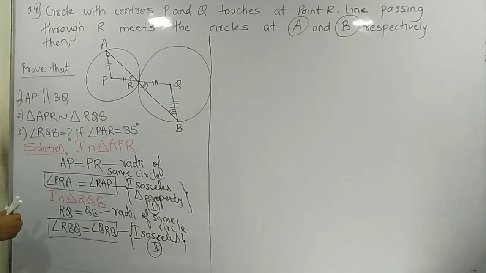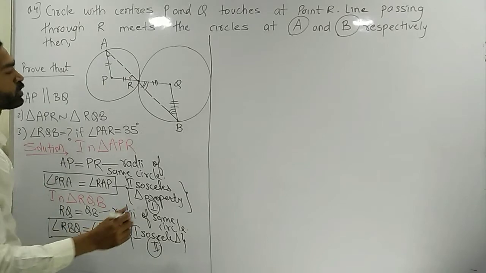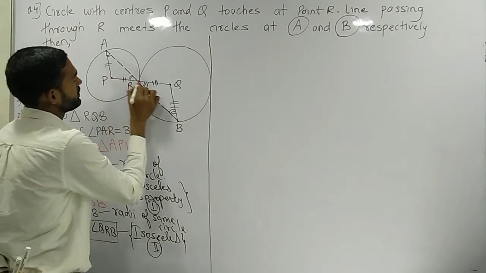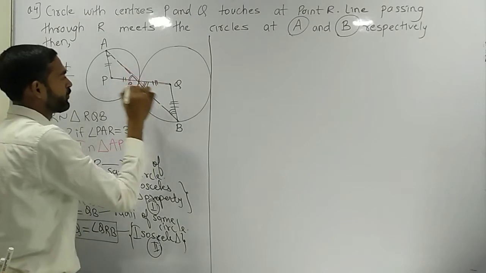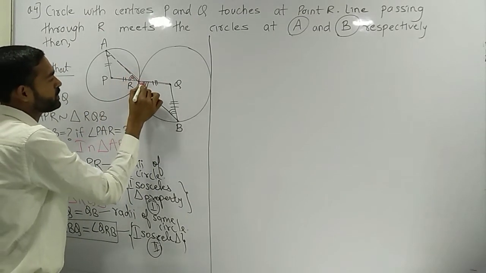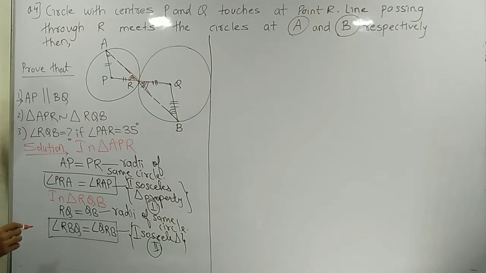Now what do we know? As you can see, these two lines are forming an alphabet X, and X gives you vertically opposite angles, right?